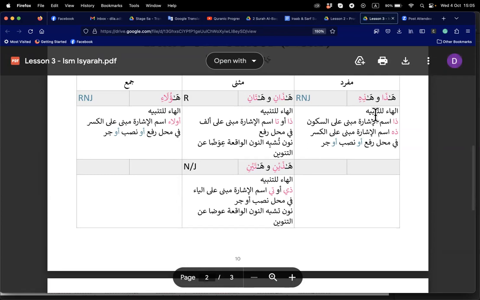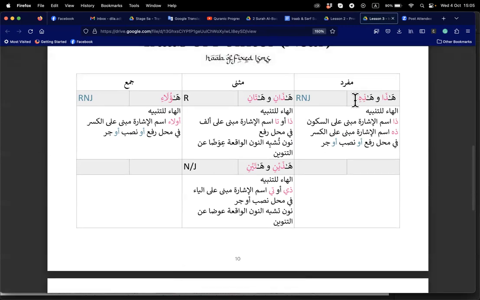Ha is for tanbih, and then the dha and the dhihi, that's your Ism Isyarah. So for dha, it is mabni ala sukun, the sukun on top of the alif. For dhihi, it's mabni ala kasr, it's the kasrah there. Okay, and then after that you say fi mahali rafa or nasab or jar, and then the role.